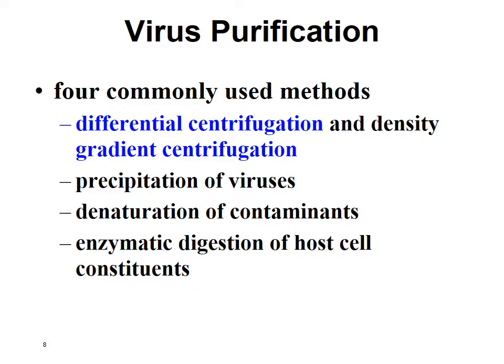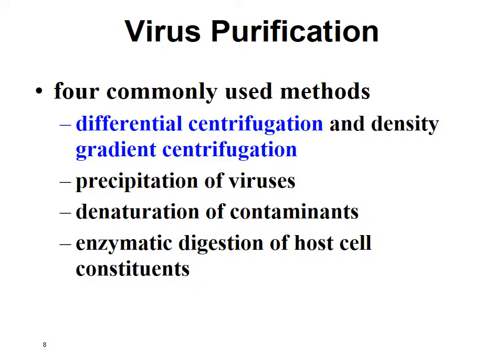Then the supernatant is removed with the smaller particles. Then the suspension is centrifuged again at 10,000 g for 20 minutes to sediment the cell organelles while leaving viruses in solution. Then 100,000 g again for 3 hours to sediment and concentrate the viruses.